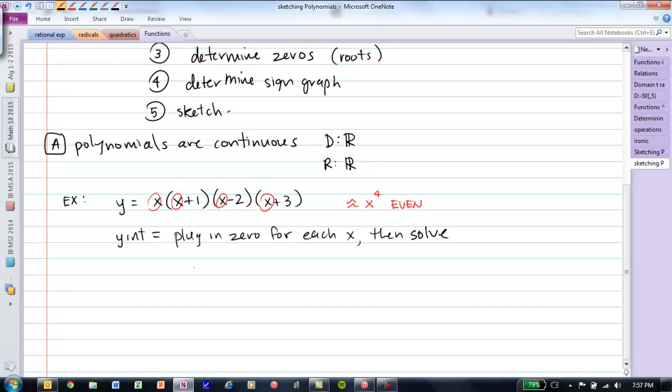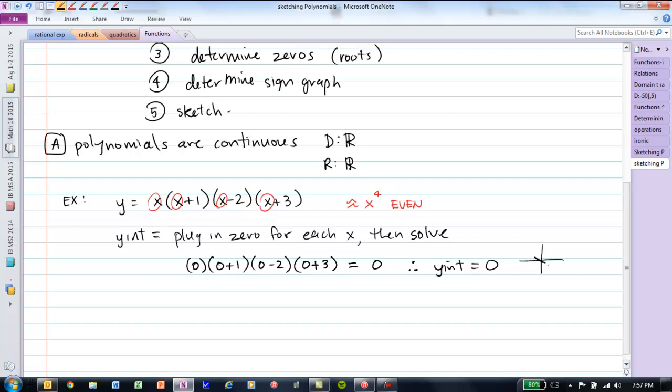But this ends up looking like 0 times 0 plus 1 times 0 minus 2 times 0 plus 3, which equals 0. So therefore, the y-intercept equals 0. So what that tells us is that on our graph, it's going to go through the origin.